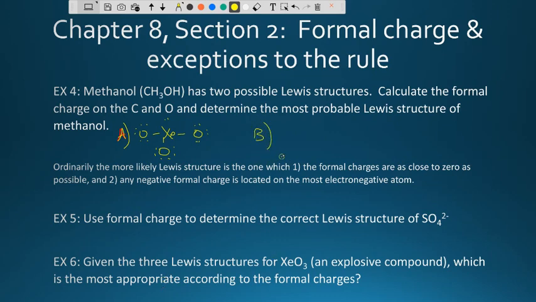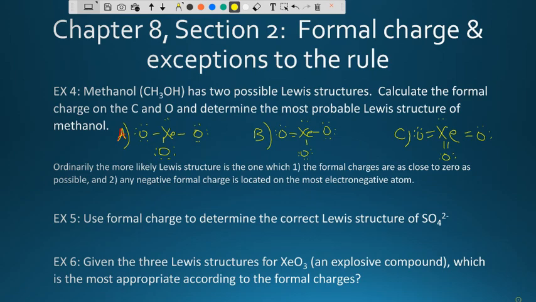Another option would be xenon with a double bond on one oxygen. And then option C would be xenon, Xe, with double bonds all around, with 2 sets of electrons on each of the oxygens.